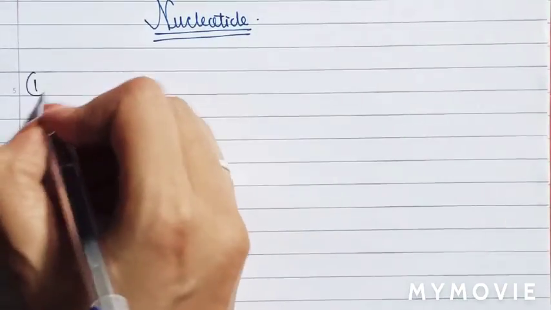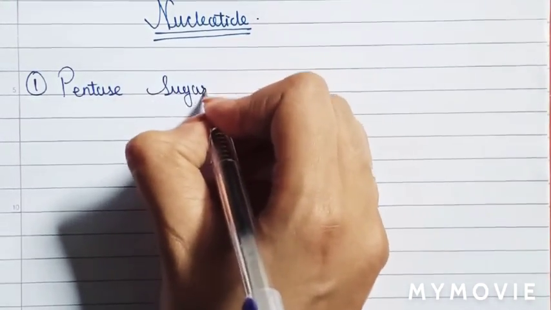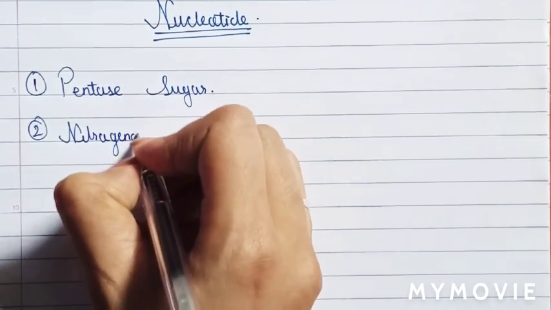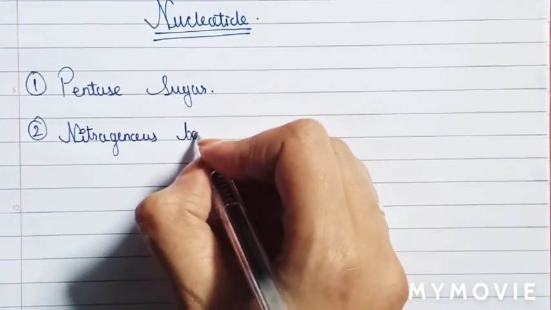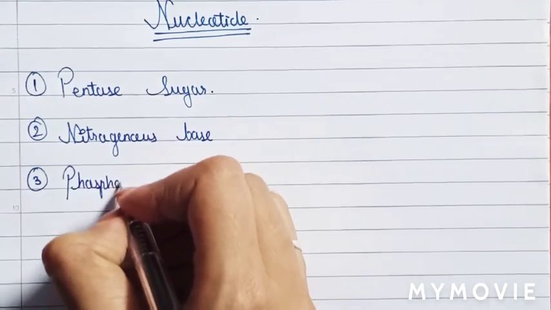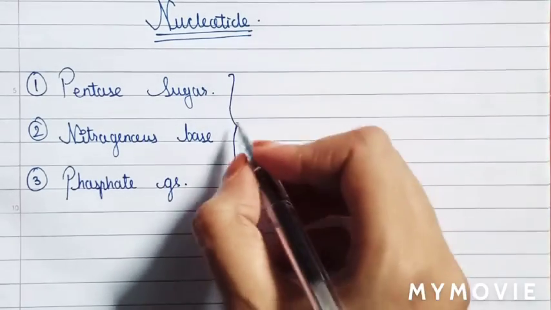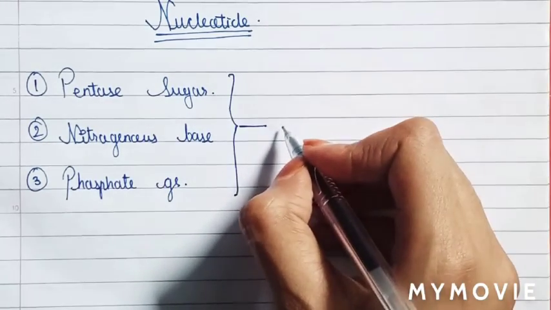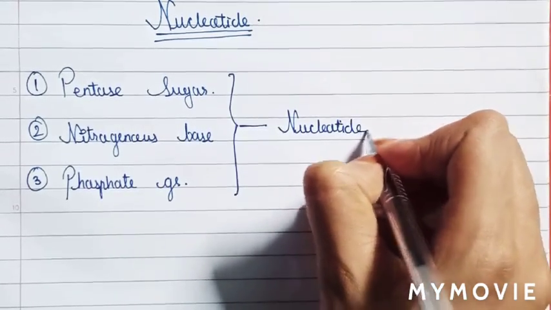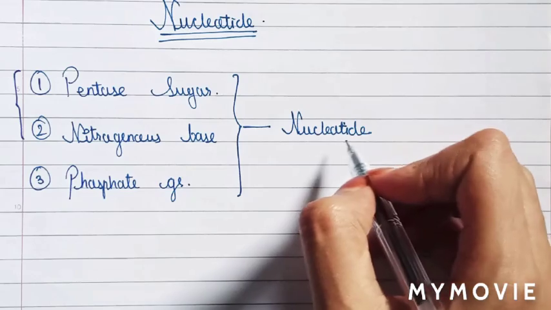If we see the pentose sugar, second the nitrogenous base, and third the phosphate group, if these three are present, then it forms a nucleotide.